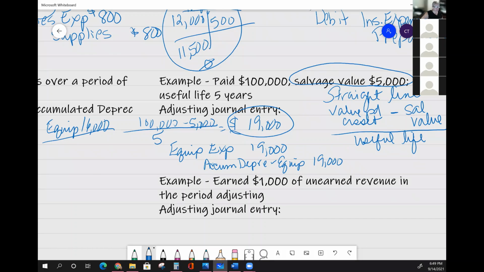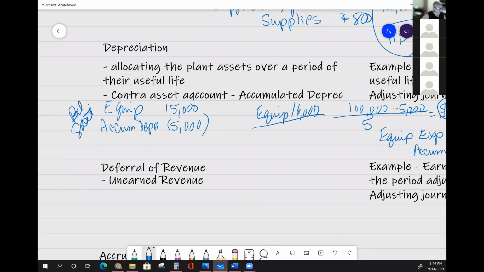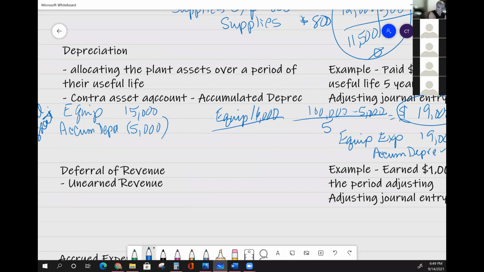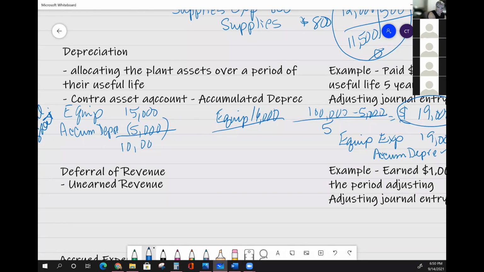Okay, so same concept. We're just not going to use the same asset account. We're using something called a contra asset account. And that's always going to be where the offset goes to reduce the balance or the net book value that you have on your assets. It's going to show up on your balance sheet, just like we did over here, where it'll have the equipment total, depreciation, and it'll have a net book value. So in this case, this one's 10,000 is my net book value of my assets.